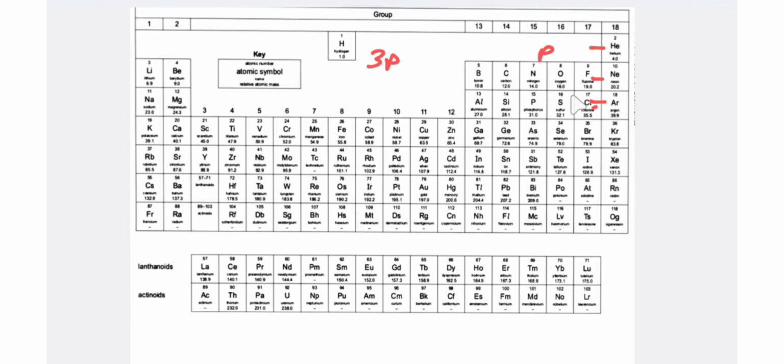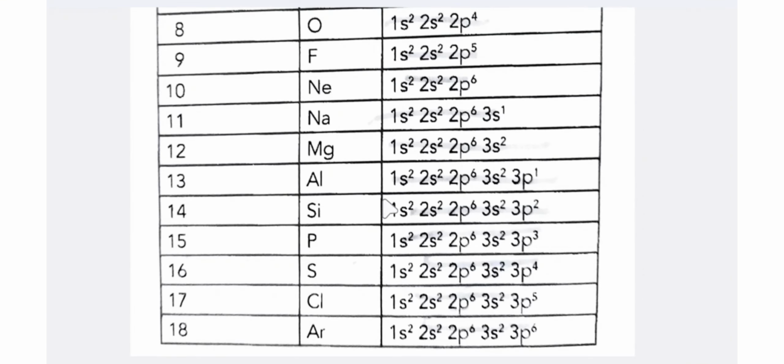In this p block, it is the first, second, third, fourth, fifth element, so 3p5. That means its valence electron is in the 3p5 subshell, and according to the order, we arrange the electrons until we reach 3p5.